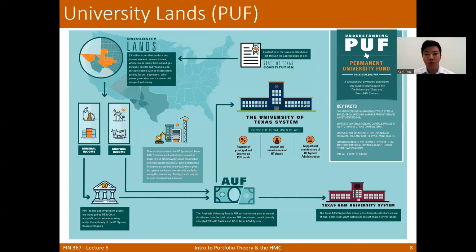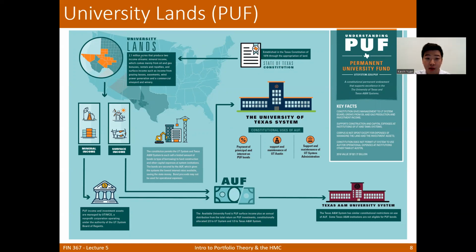Okay, so it's also worth highlighting something of a unique structure in the state of Texas, in that the state of Texas Constitution, actually starting from the genesis of it, has land appropriated specifically to generate income for the University of Texas, right? So in this flowchart, they have a lot of acres of land in this area of Texas, and I'll be showing you an article that talks about it.